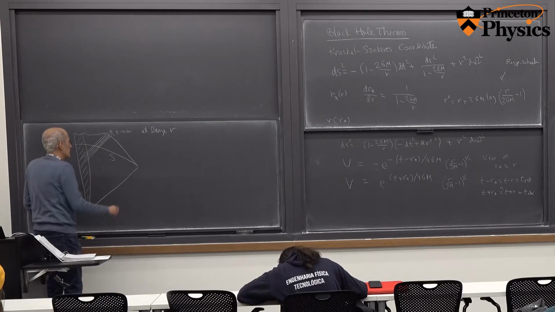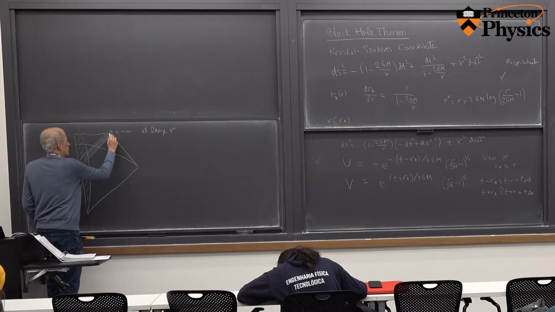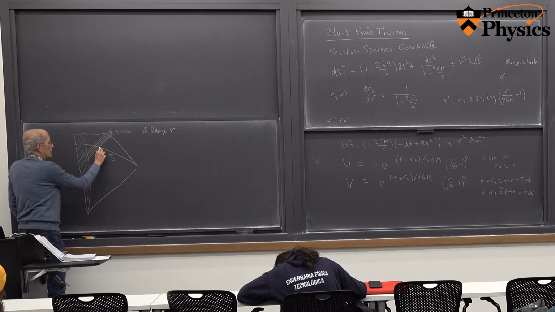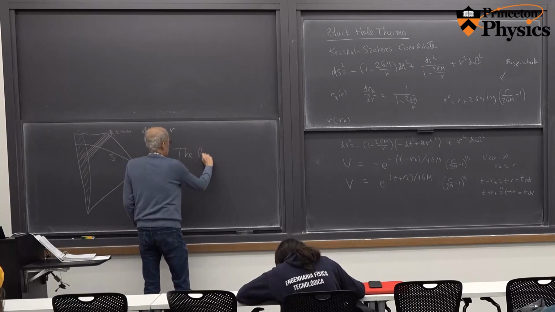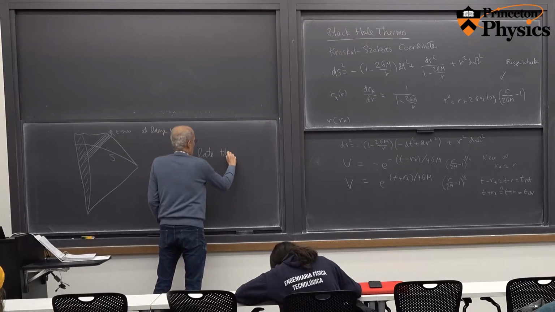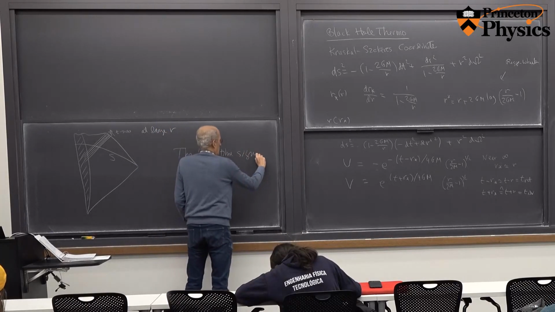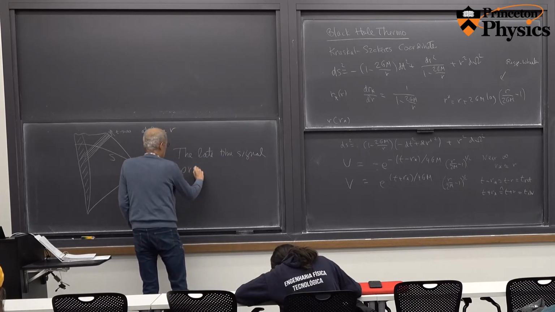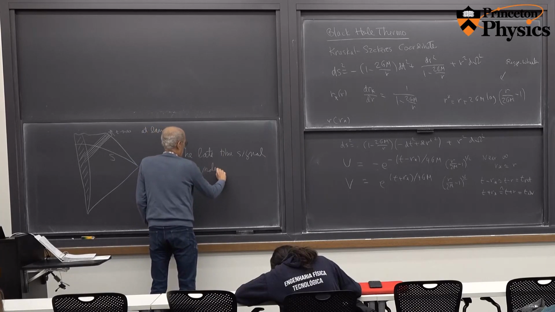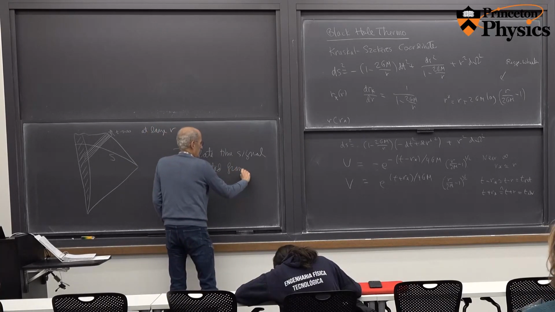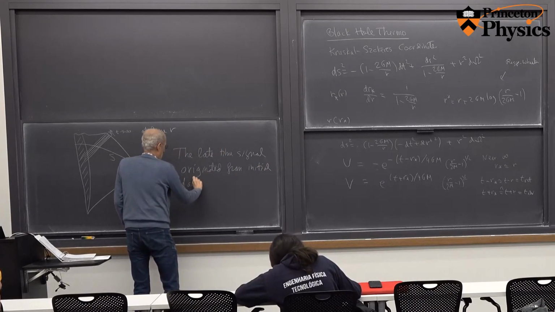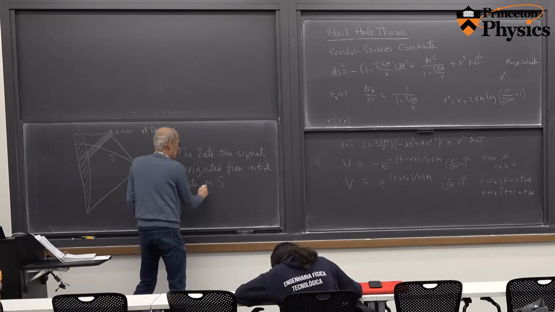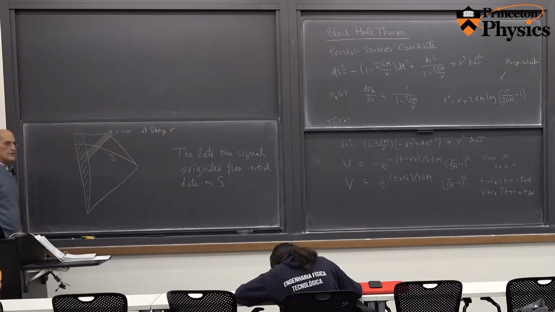So the observer sees a signal that arrives here, but the late time signal originated from initial data on the surface S. That's just a statement of causality.